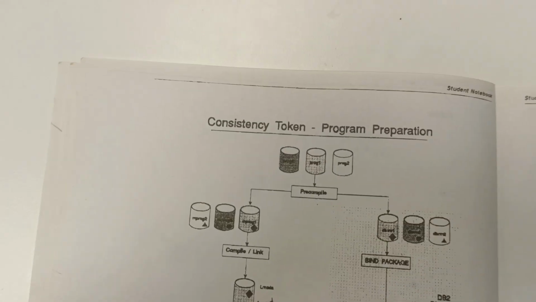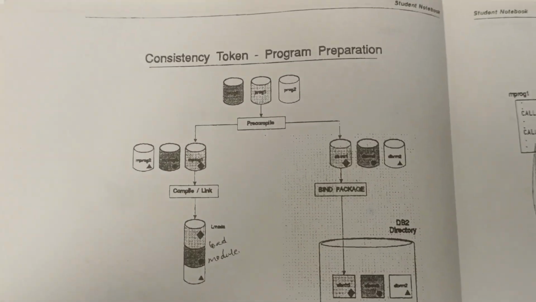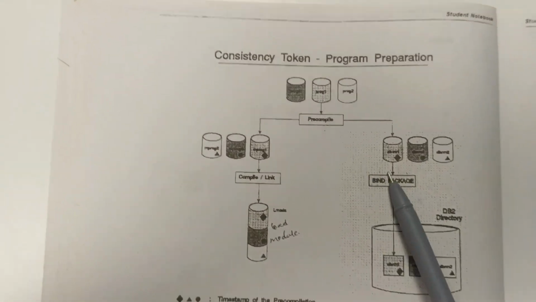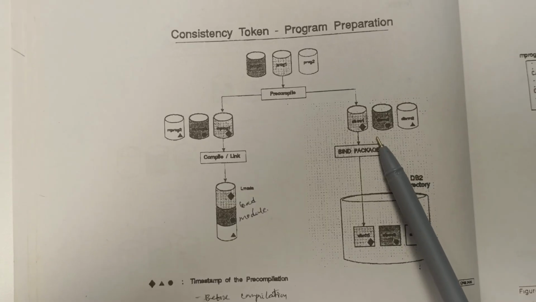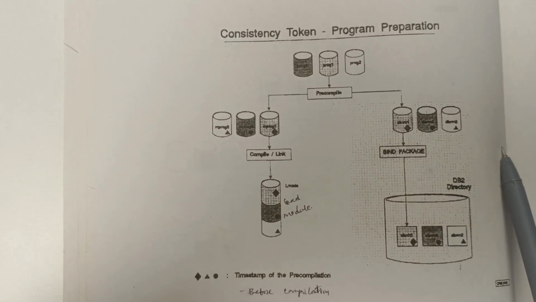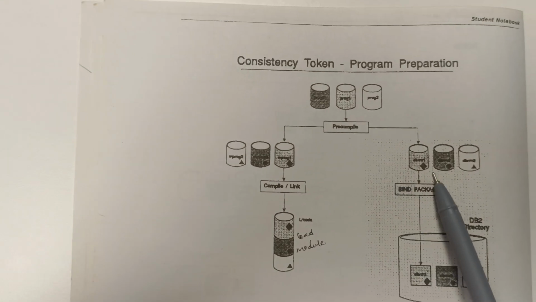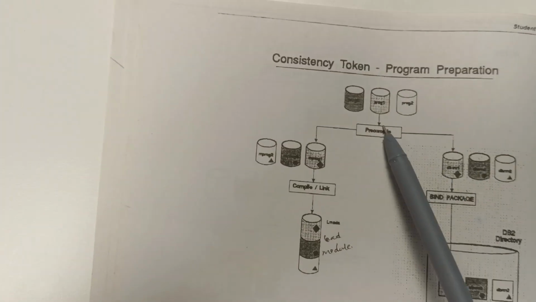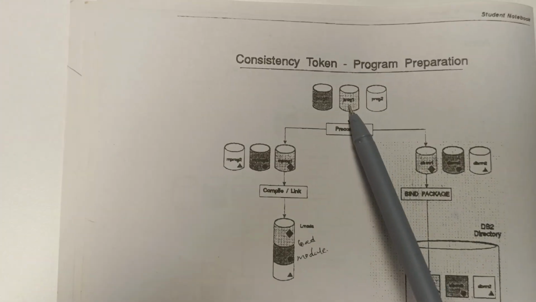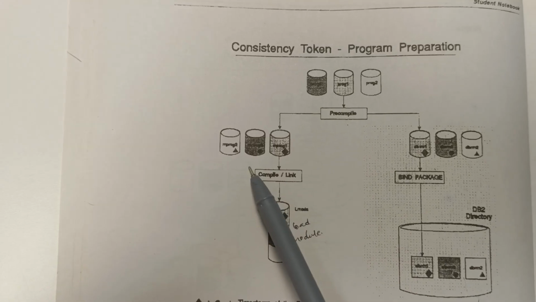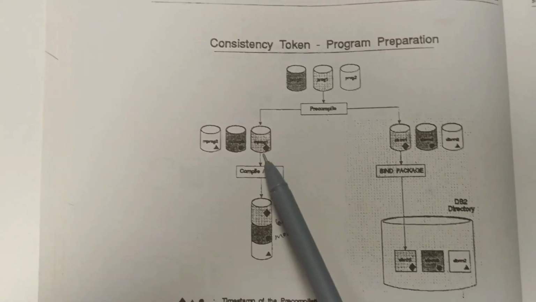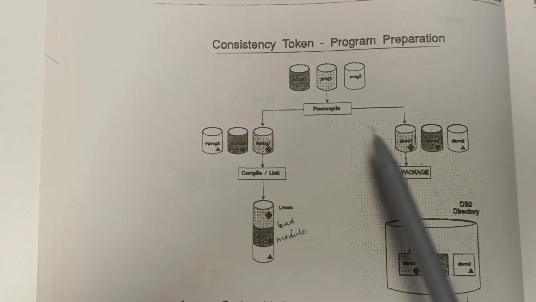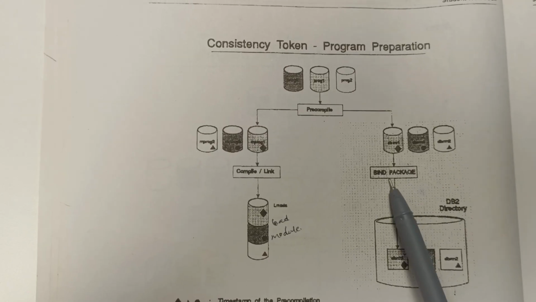Now we'll see, once we have done the binding of different packages from the pre-compilation stage, we have a consistency token. A timestamp will be created, showing how the different types of programs we are going to run, and how the timestamp is created for each module. These are the different types of programs and pre-compilation. In the pre-compilation stage itself, the timestamp is created for the member and the corresponding DBRM name.